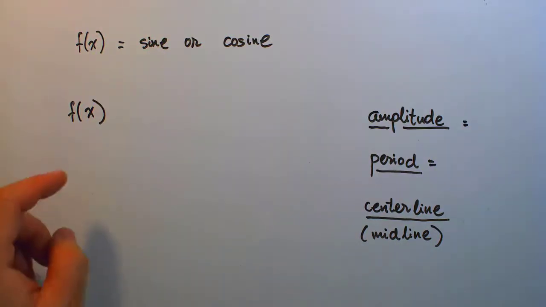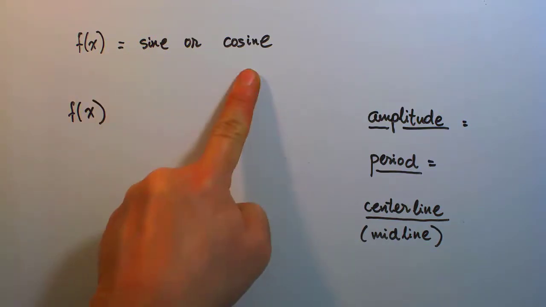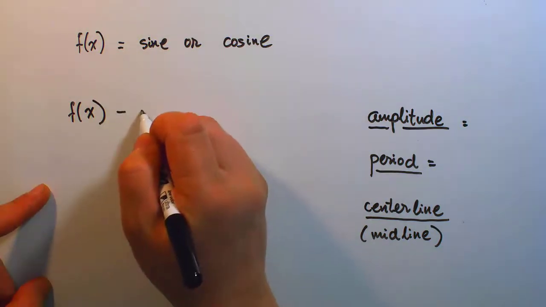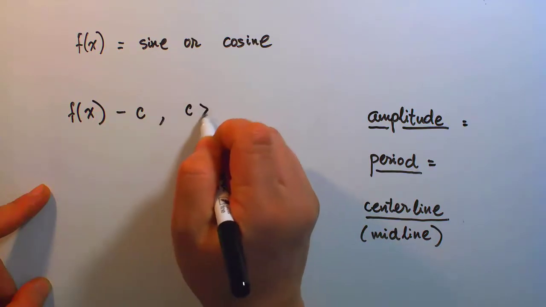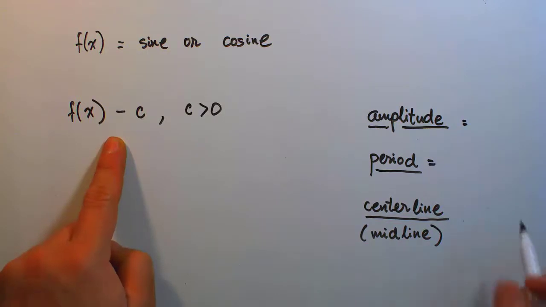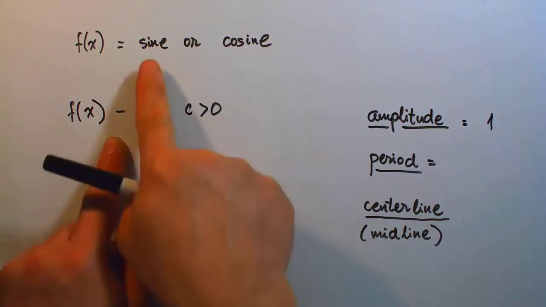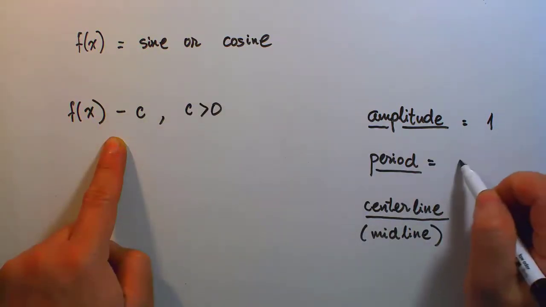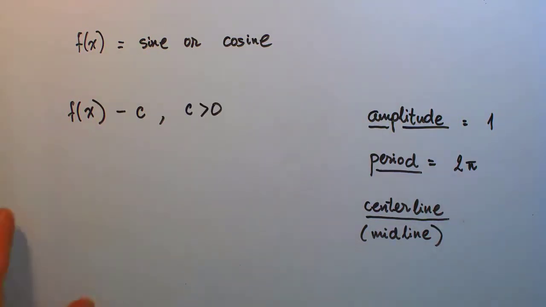And similarly, if our function is either a sine function or a cosine function, and we are subtracting from our function f of x a constant c, assuming again that c is a positive constant, then the transformed graph is going to have the same amplitude as the original sine or cosine, amplitude 1, and period 2 pi, exactly the same as the original standard sine or cosine.